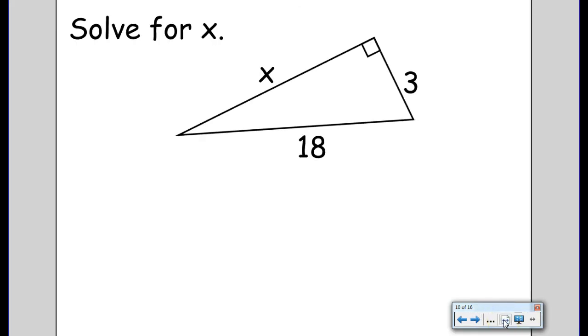All right. What's this? Pythagorean theorem. Oh, I probably should do it.